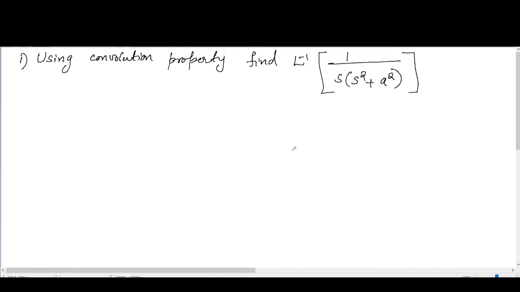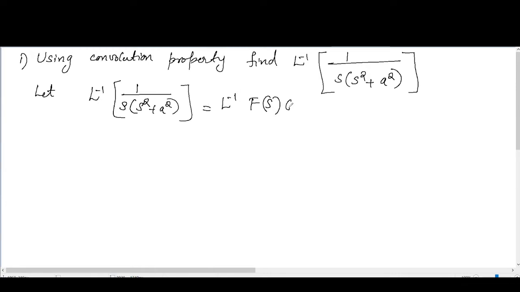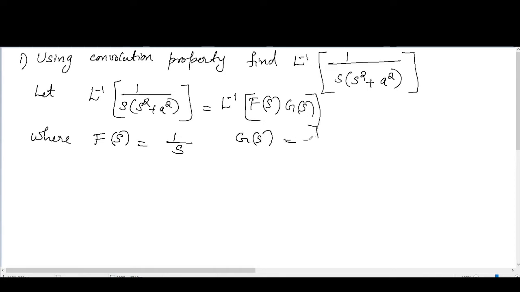So, you have to select F(s) and G(s). You can compare both sides and take F(s) equal to 1 by s and G(s) equal to 1 by (s square plus a square).